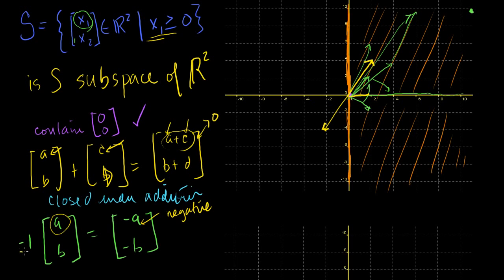So when we multiplied it by -1, for really any element of this that doesn't have a 0 there, you're going to end up with something that falls out of it, right? This is not a member of this set, because to be a member of the set, your first component had to be greater than or equal to 0. This first component is less than 0. So this subset of R2 is not a subspace because it's not closed under scalar multiplication.